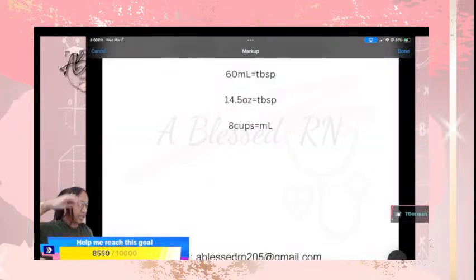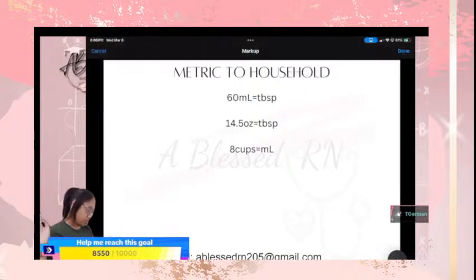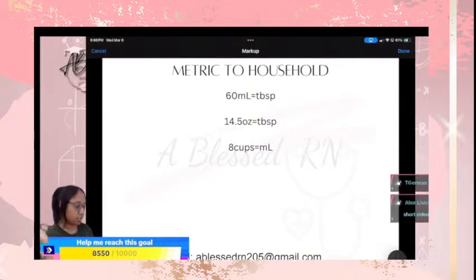So we've got some metric conversions. So metrics and household, some mixed together. Okay. So when we do metric conversion, well, first of all, disclaimer, dimensional analysis can solve anything, okay? It can solve even the simplest things as a metric conversion to the hardest problems such as microgram per kilogram per minute.